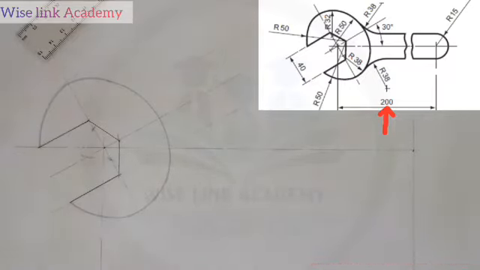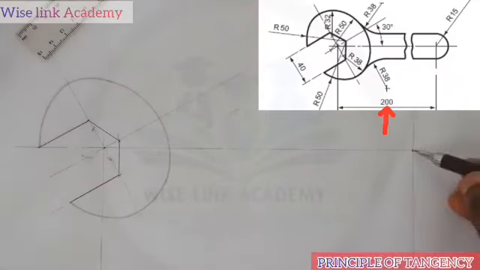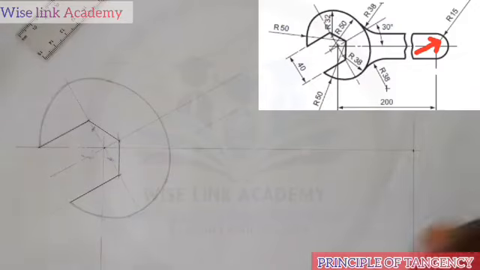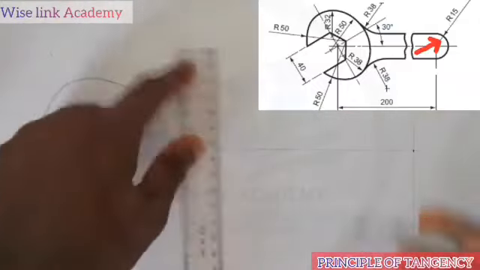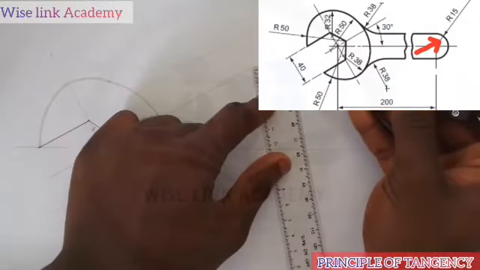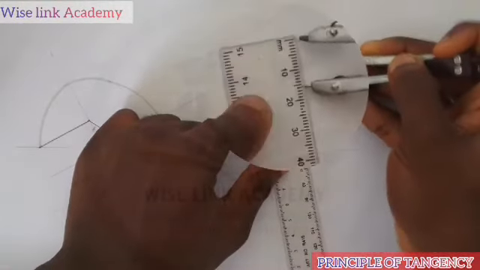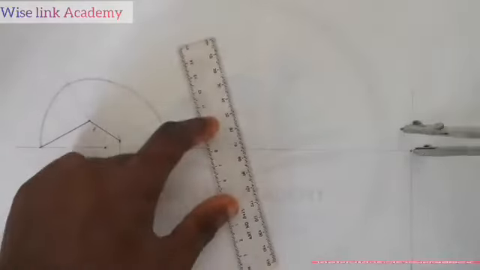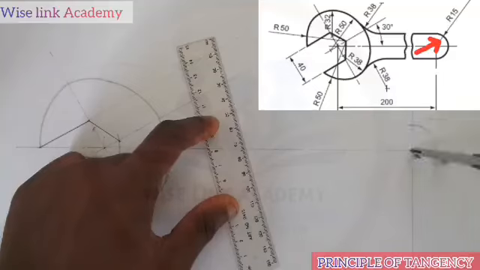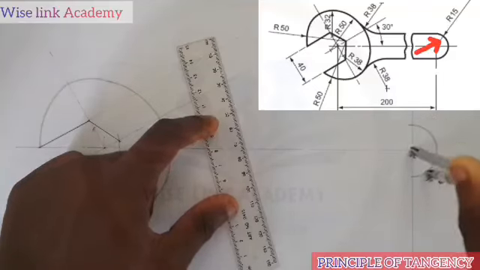So my next task now is that if you observe this, a radius of 15 at this point, so I'll measure 15 with my meter rule. So with my compass, from here to here is 15, right? So I'll similarly just put it here at this point, draw an arc this way, an arc of 15, this way.